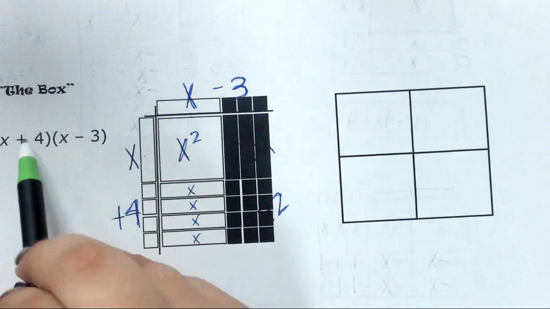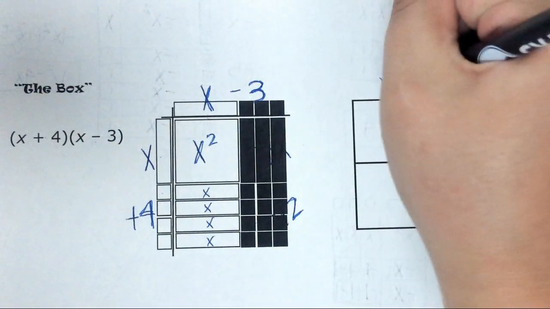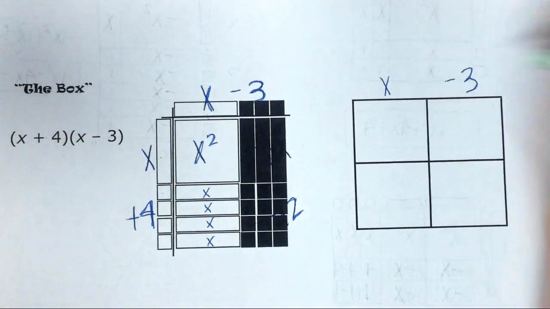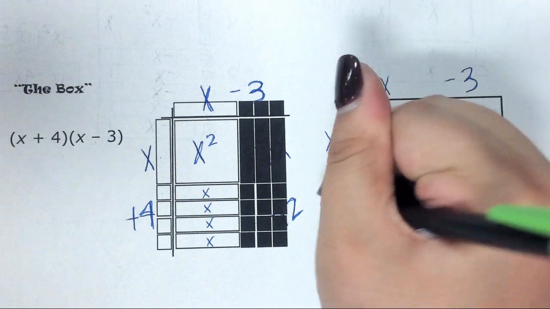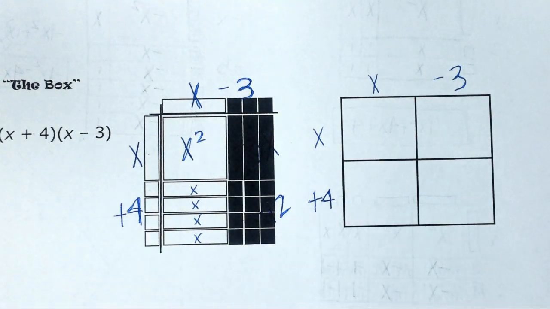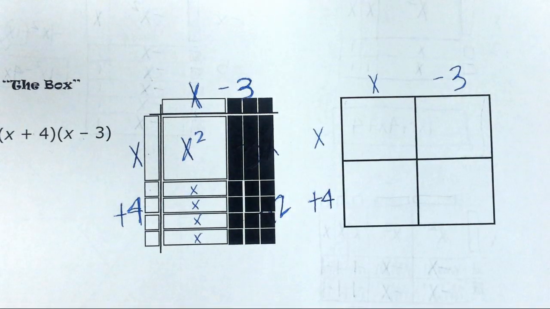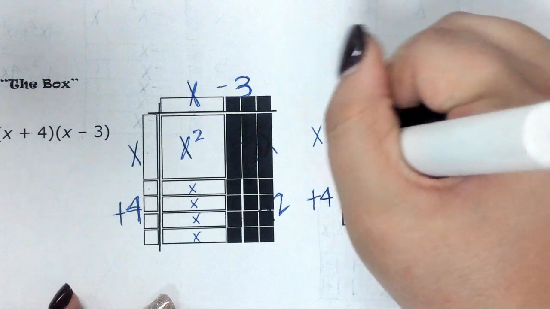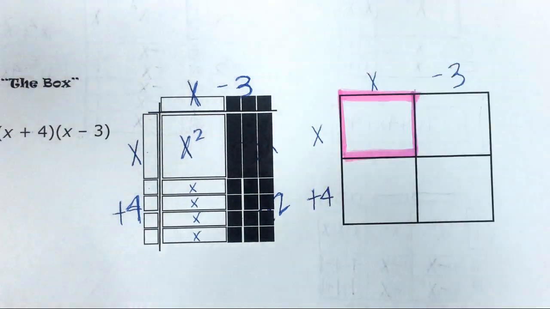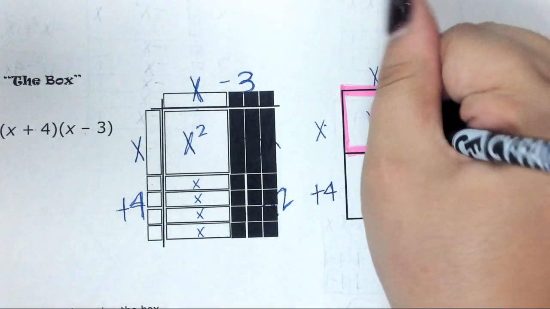Okay? So now I'm going to show you the box method, which I hope you love. If I have these two as my length and width, if I do x minus 3 and x plus 4, I can mathematically figure this out by finding the area of each box. So, if I do this box first, what is x times x?